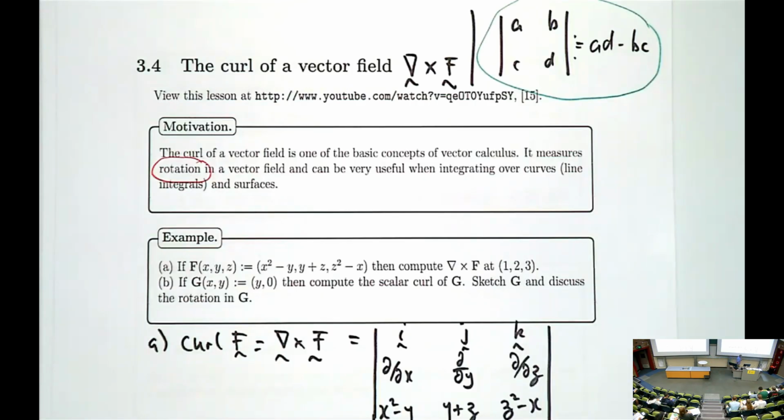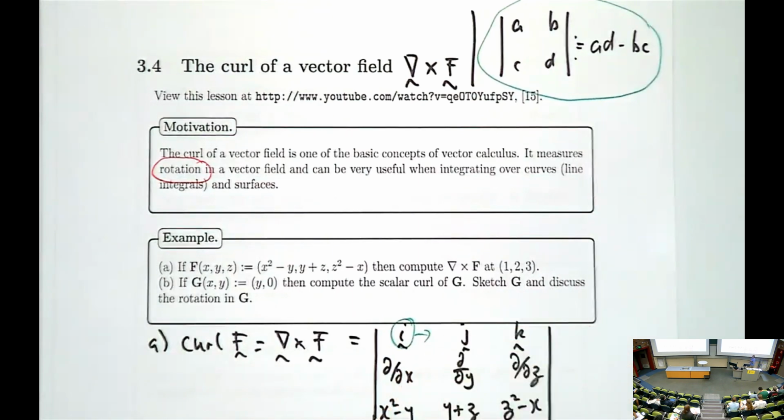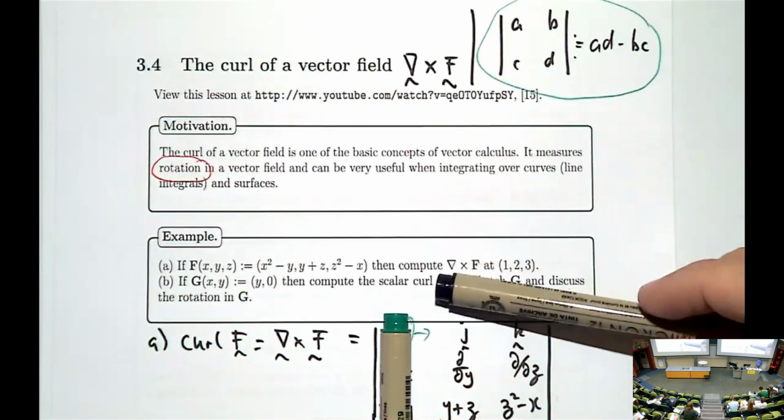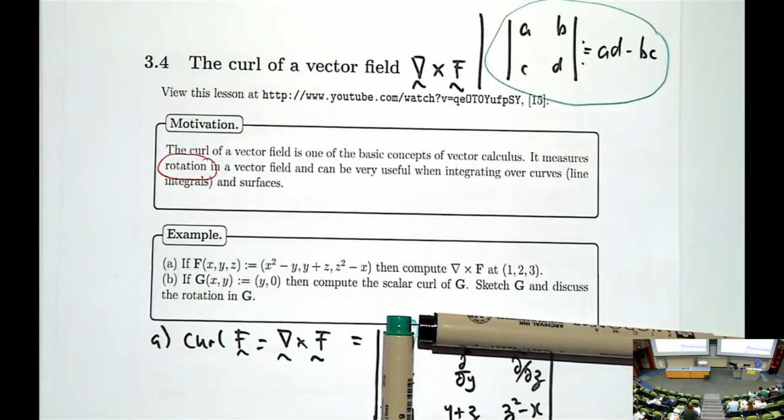Okay? So the way I do it, I start up here and I expand this determinant along the top row. Okay, how do I do that? Well, I go to the first entry and I cover up the row and the column that i is in.